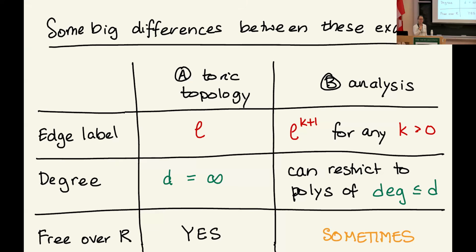And then a related question, related to the first entry. You said in toric topology, or in topology, you always take L to the power 1, right? And a question to you or to everybody here is, if I took higher powers, like in the analysis column, is there any way to relate the resulting ring to topology? Is there some kind of special cohomology or whatever?